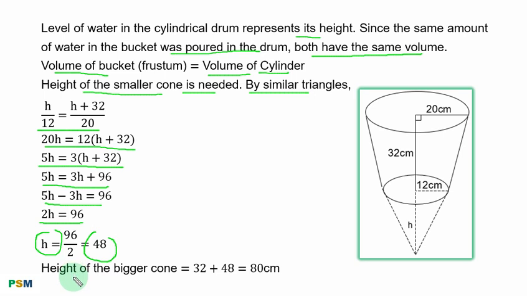Therefore, height of the bigger cone is 32 plus 48. That is 80 cm. With this, we find the volume of the bucket, equate it to the volume of cylinder in order to find the height of the cylinder.